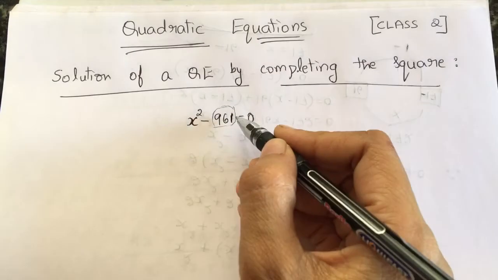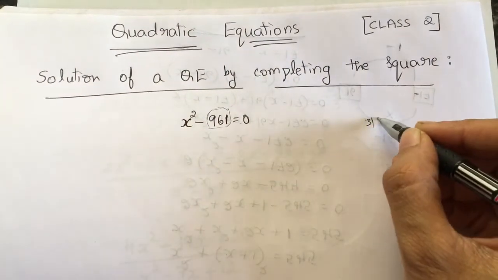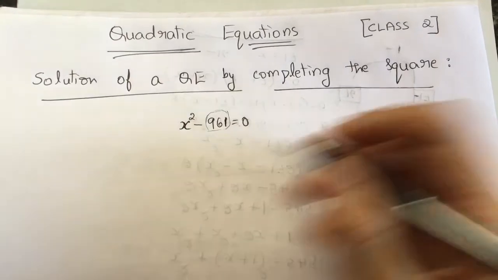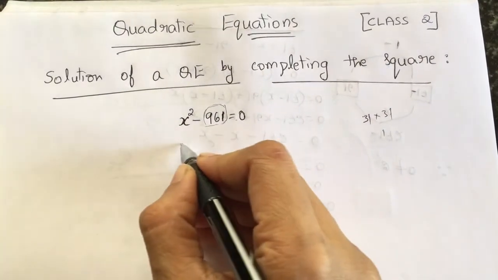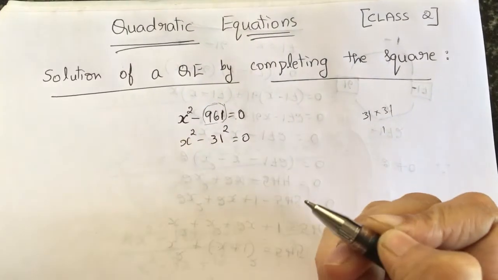So it must be, I guess, 31. So x square minus 31 square equal to 0.